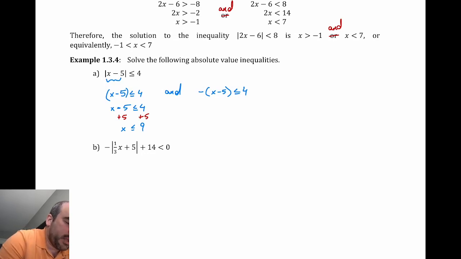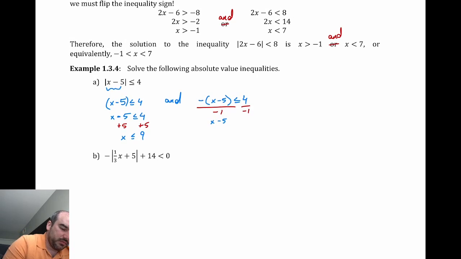Okay, what do we do last time on this one? We divided by a negative 1. Good, let's divide by a negative 1 here. x minus 5 will be, what do we have to do when we divide by a negative 1? Flip the inequality sign, yes.